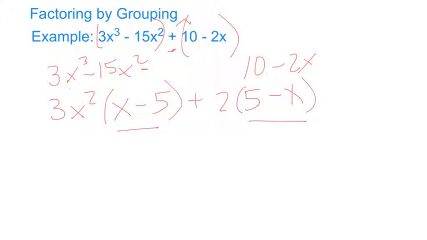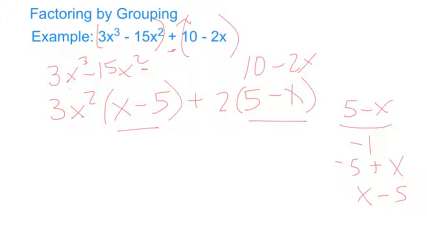If I were to take this 5 minus x and divide by negative 1, that would be dividing both of those by negative 1, which would make this negative 5 plus x, which could be written as x minus 5, which would be the same as this, right? So if I pull out a negative 1 and make this a negative 2 instead of a positive 2, then this binomial will be the same as this binomial, right?